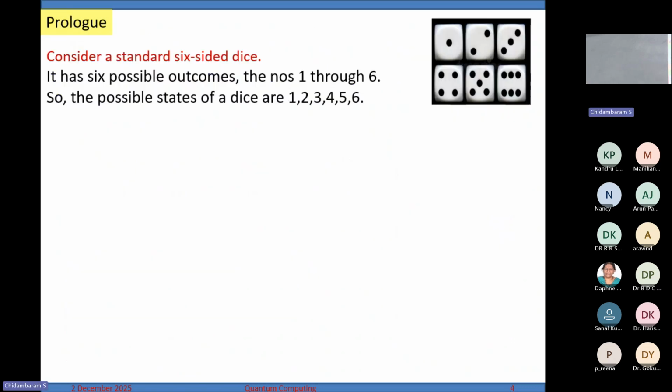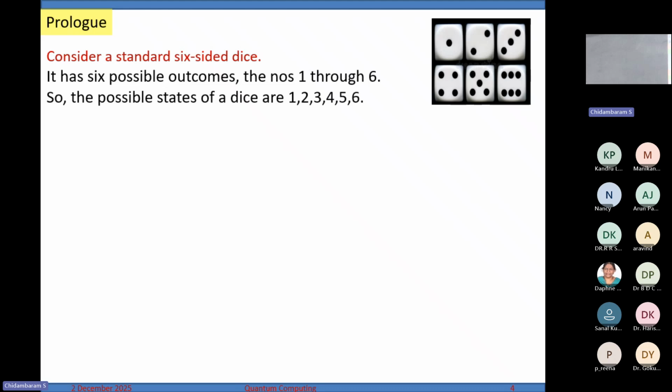Let us keep coins aside for a moment. Let us take another structure. The structure I am taking has six sides. The earlier structure was two-sided; now it is six-sided.